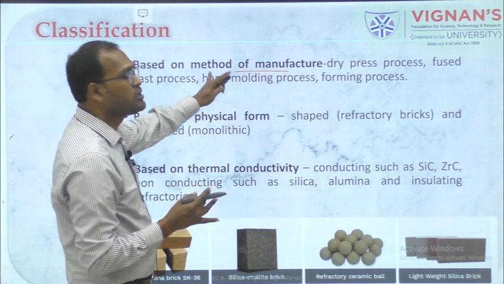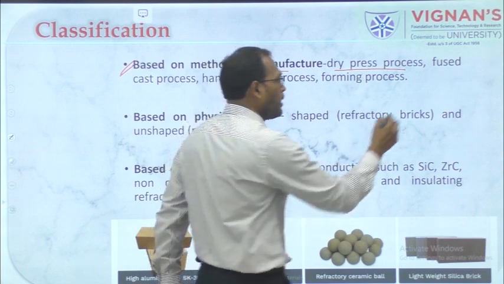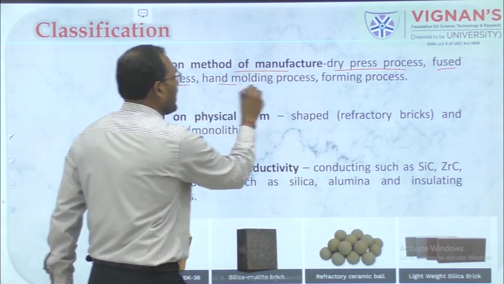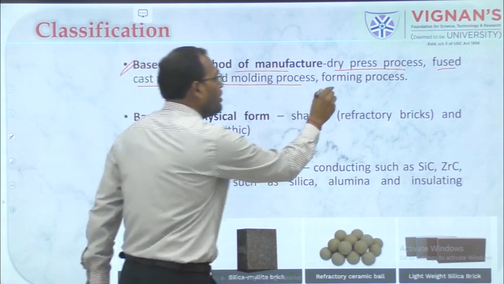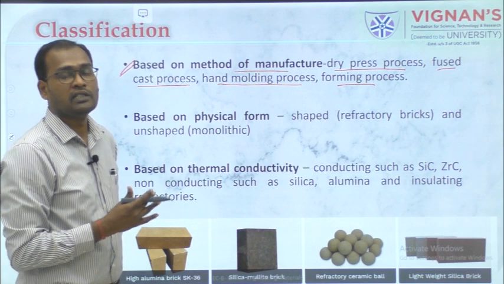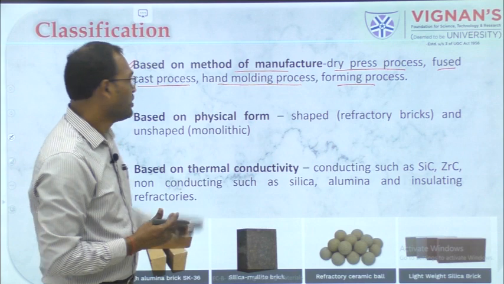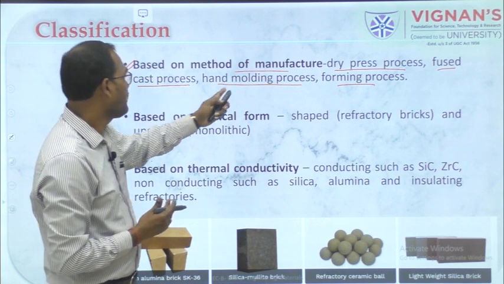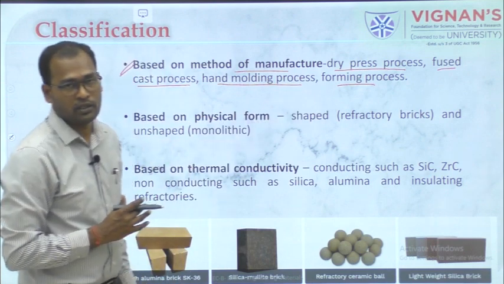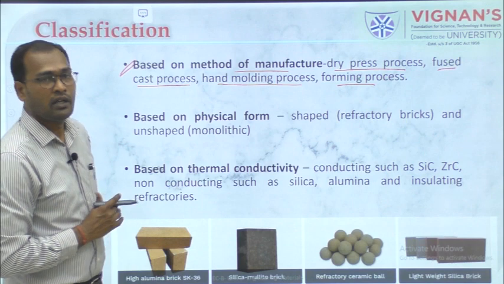So based on the manufacture, whether it is a dry press process, a fused cast process, a hand molding process, or a forming process. These are different ways by which these refractories can be made. How they make the bricks: dry press, fused cast, hand molding, and forming process, right. So this is also one type of classification for refractories.